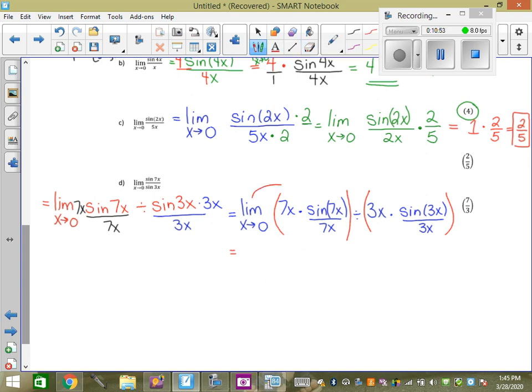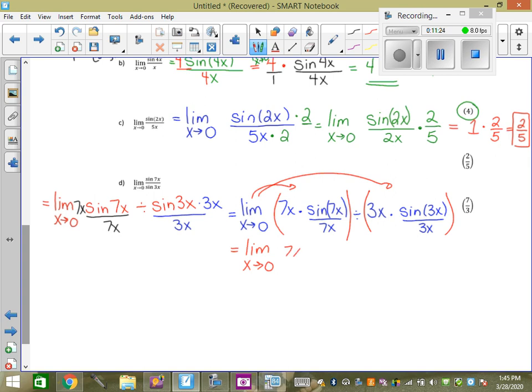So as I apply the limit to both of these, 7x stays 7x times sine 7x of 7x as I approach 0 becomes, do I want to fill it in yet? No, I don't want to fill it in yet because this would become a 0, right? Let's not fill it in yet. Let's do some more reducing. If I plug the 0 in right now, the 7x would become a 0, and I don't want it to become a 0. So I have to do some more work.